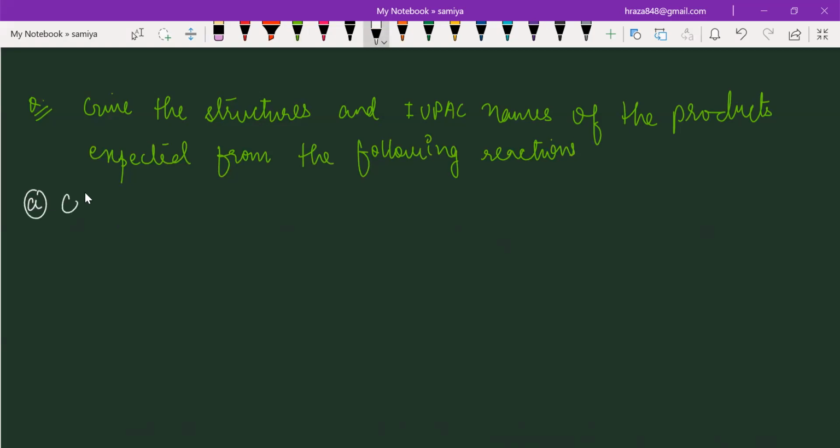It's a very easy question. So the first is catalytic reduction of butanal. Please do it. And if you are unable to solve it, please let me know.